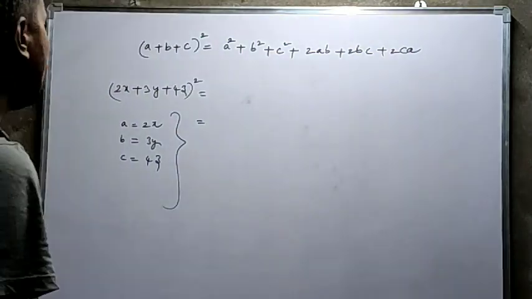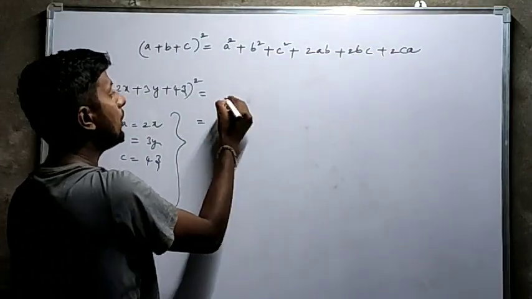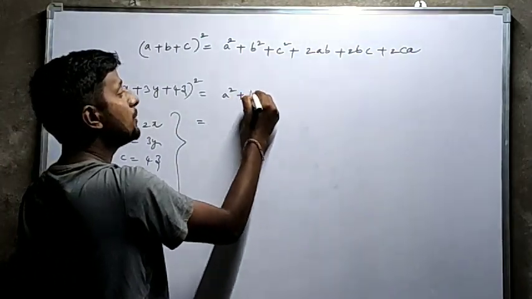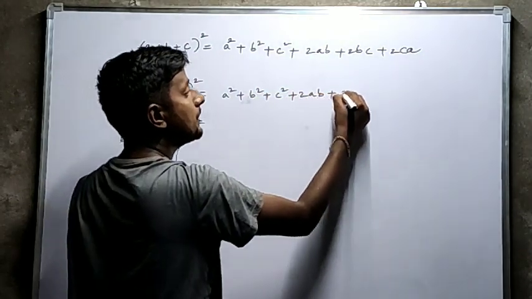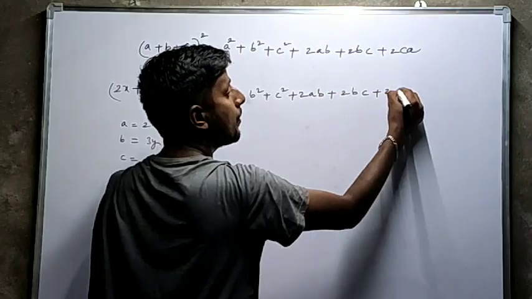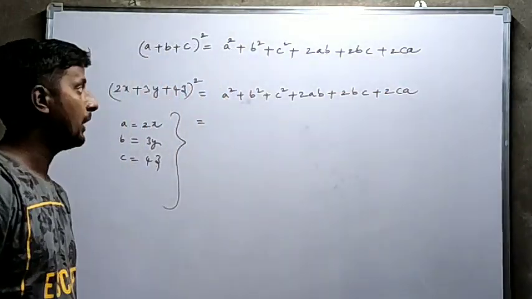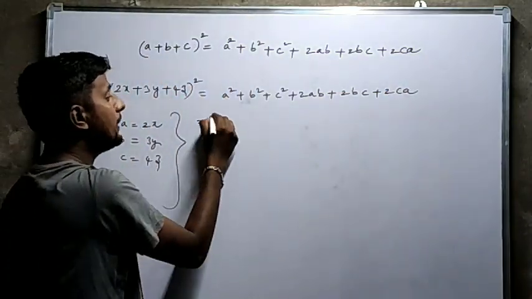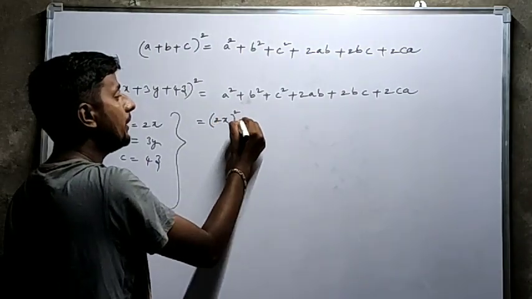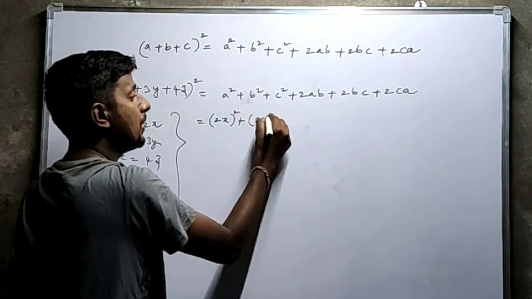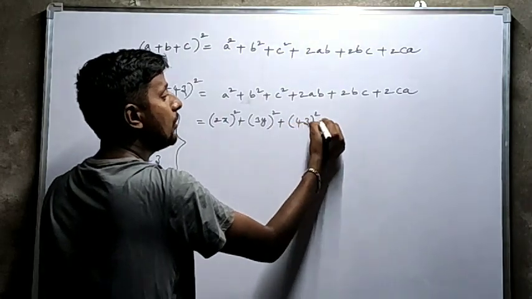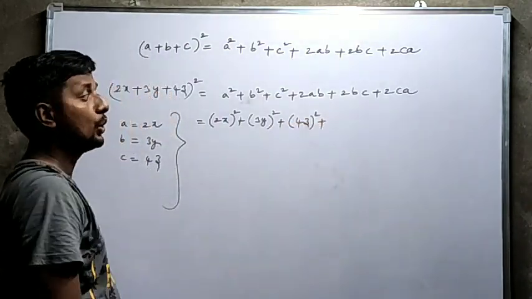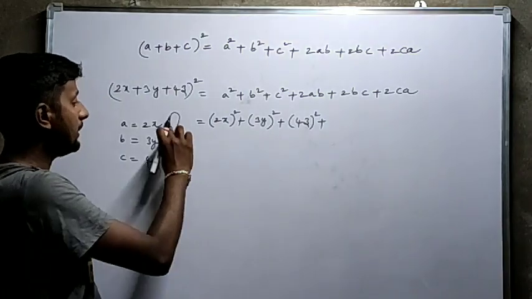Write the formula: A square plus B square plus C square plus 2AB plus 2BC plus 2CA. So we'll write 2x whole square plus 3y whole square plus 4z whole square plus 2AB.